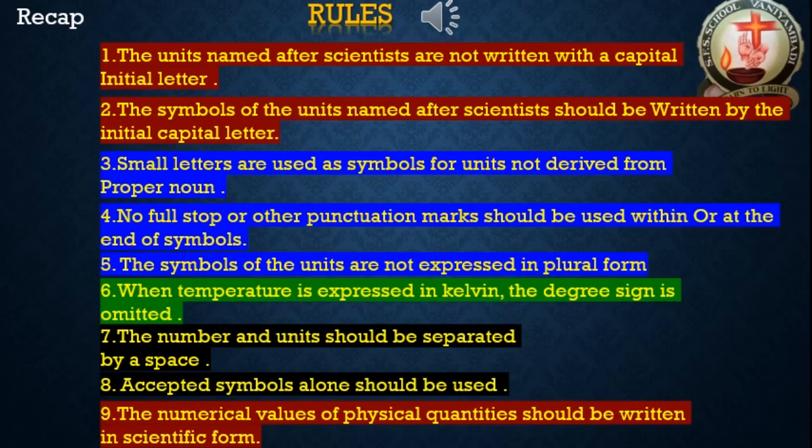Seventh one, the number and units should be separated by a space. Eighth point is accepted symbols alone should be used. The ninth point is the numerical values of physical quantities should be written in scientific form. So these are the 9 points what I was explaining in the last class.